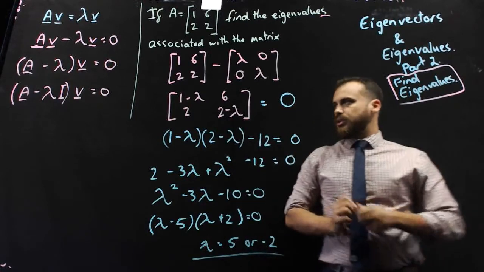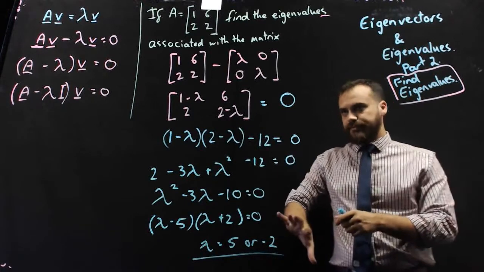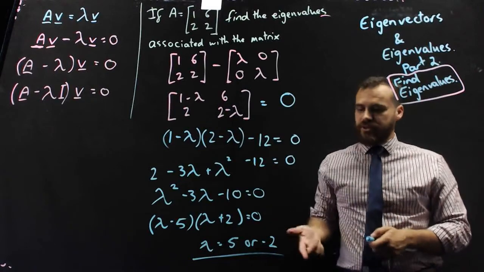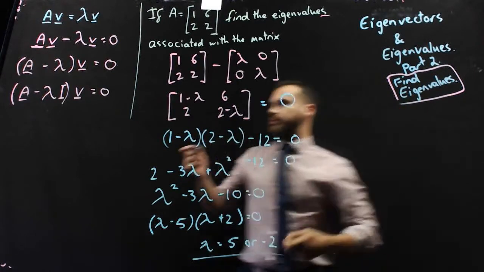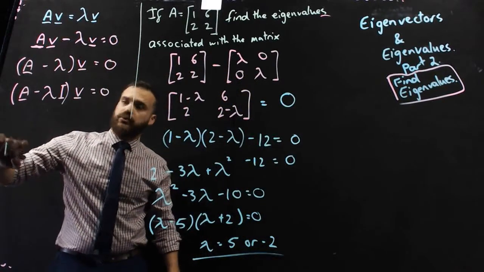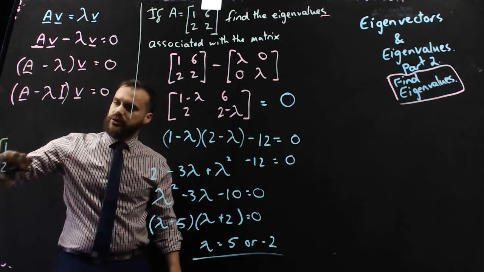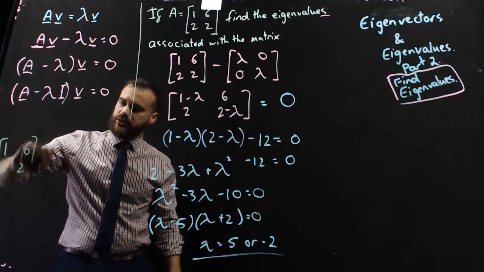Alright. So if we go back to our definition and think about what's really happening here, what we've got is a matrix [1, 6; 2, 2].